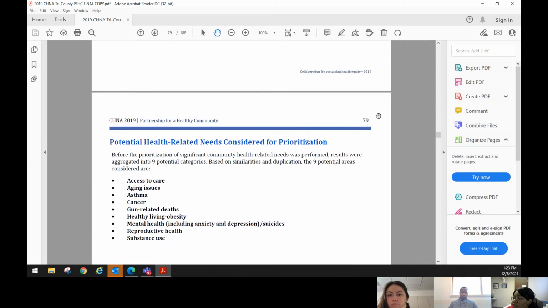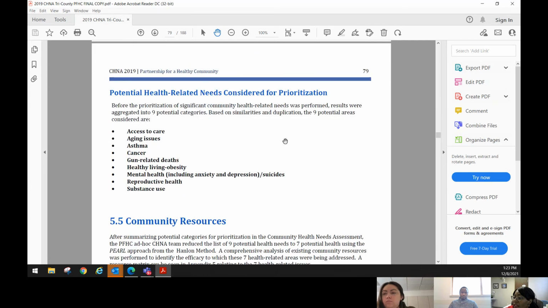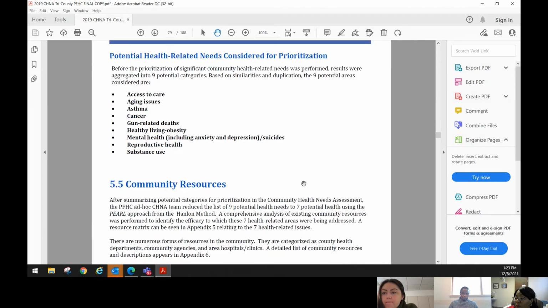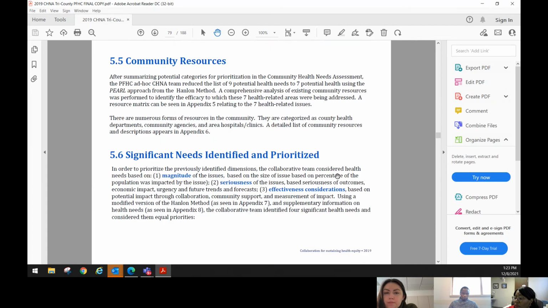All right, let's get to it. Out of all that, 9 potential categories were selected. Okay, gun-related deaths was there as well, because of the exponential increase of mortality rates. So all our health departments' surveillance data is also included in this data review, just so you know.